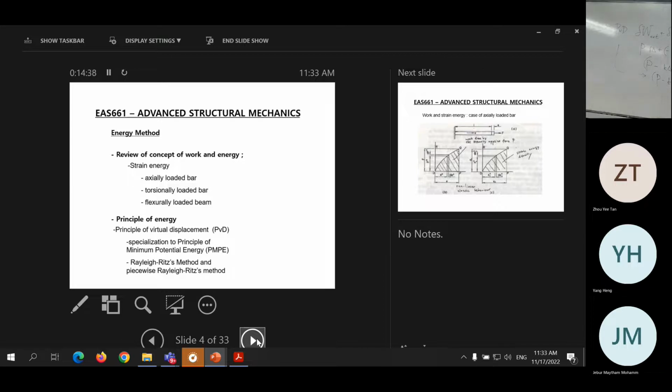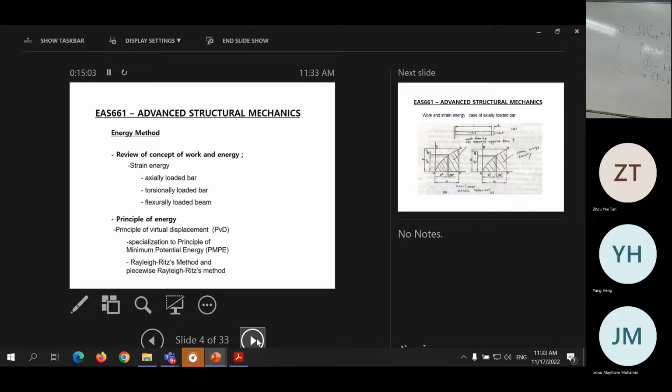Now, in order to apply principle of energy, we need to evaluate strain energy of structures. So in this lecture, we are going to look at mainly 1D problems, okay, but it can be extended to 2D problems later. We will just mention how you can apply it to 2D or 3D problems.